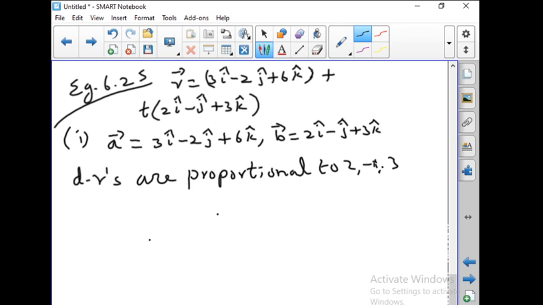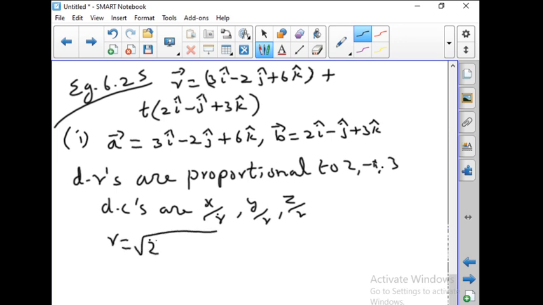So direction cosines we have to find, and direction cosines are actually x by r, y by r and z by r. What is r? r is equal to square root of 2 square plus minus 1 square plus 3 square.